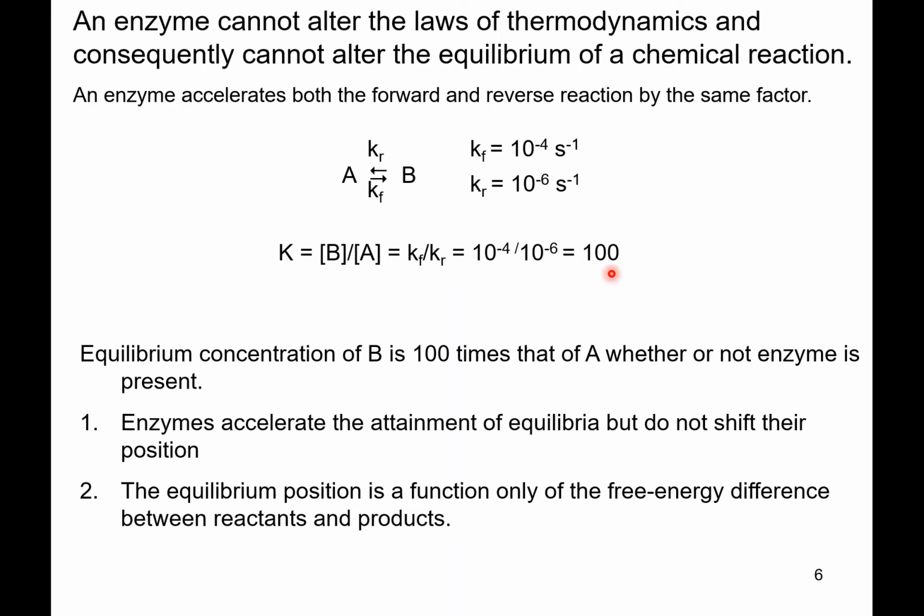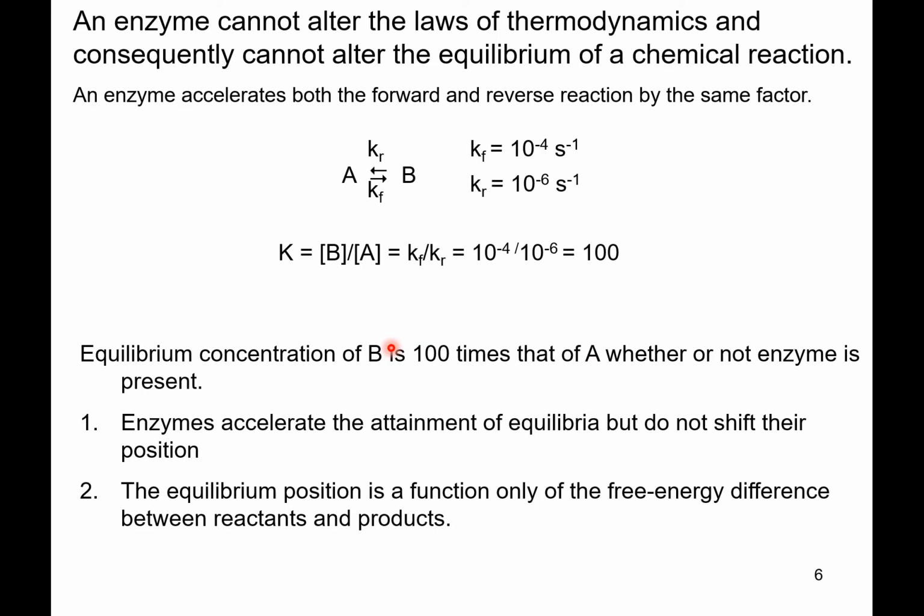And we can say if the equilibrium constant is 100 for an uncatalyzed reaction, for the enzyme catalyzed reaction that equilibrium constant is still going to be 100. Right, the enzyme doesn't do anything about the equilibrium. It raises the rates of reaction, but it raises the forward rate and it also raises the reverse rate by the same amount.